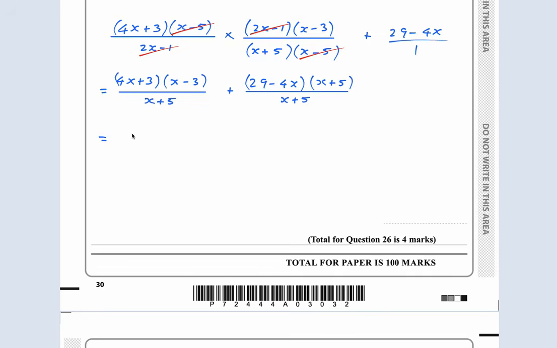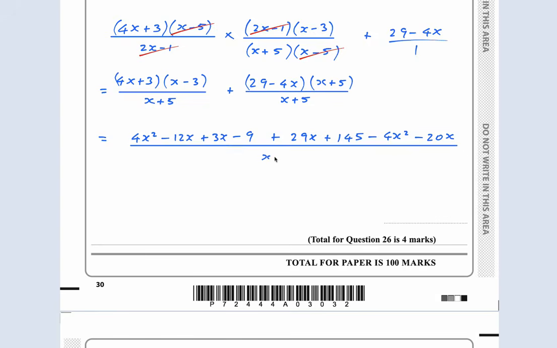So 4x times x is 4x squared, minus 12x, plus 3x, minus 9, plus, and I'm just going to add this, 29 times x is 29x, 29 times 5 is 145, use your calculator, minus 4x squared, and minus 20x. That is the numerator, and that is all over x plus 5.